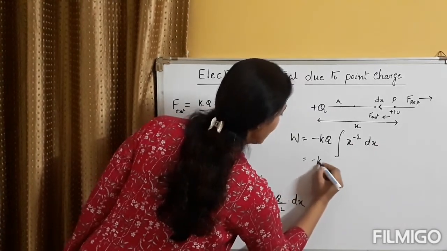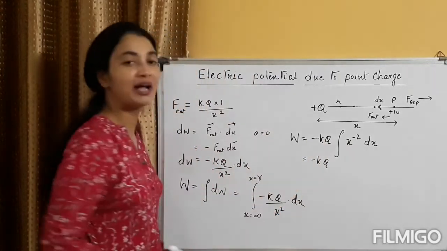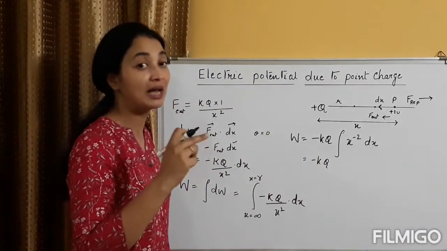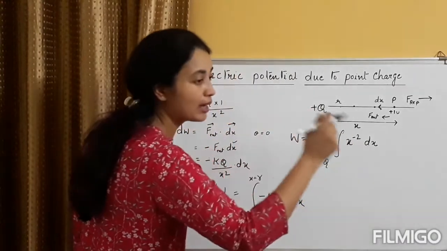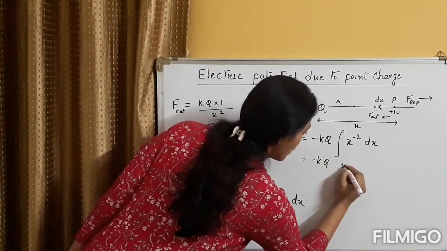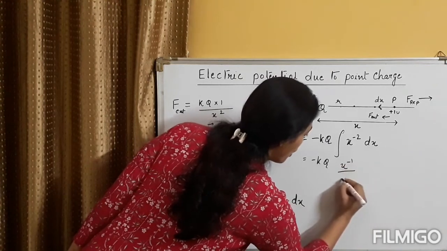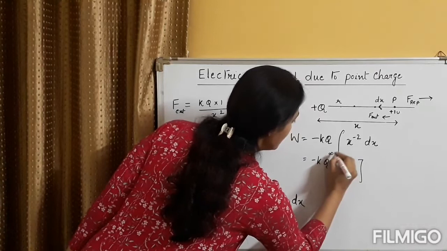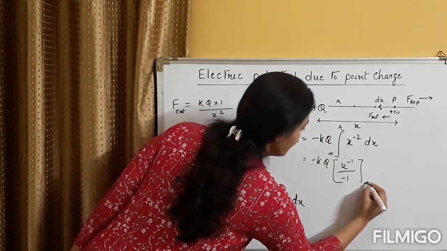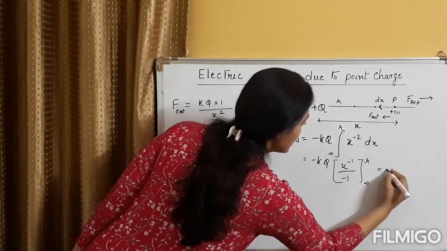So I can write it as x to the power minus 2 into dx, which will become minus kq. X to the power minus 2 can be integrated using the formula x to the power n gives x to the power n plus 1 upon n plus 1, which gives you x to the power minus 1 upon minus 1, and the limits are infinity to r. So what am I getting here?